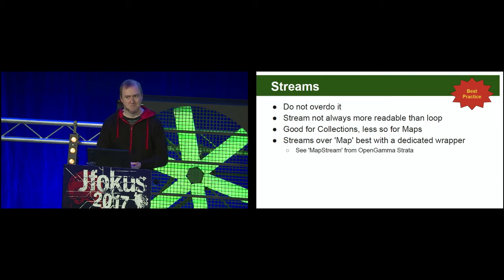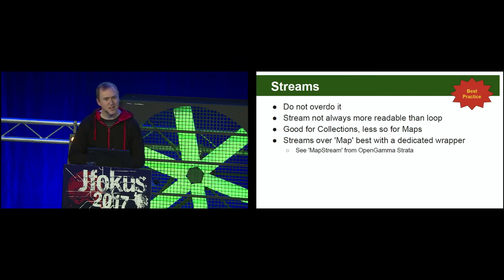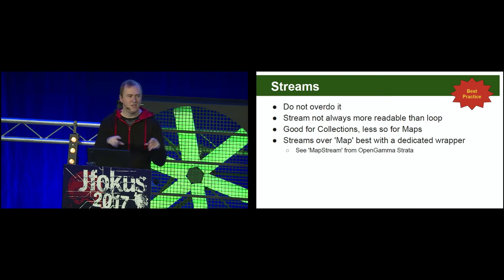particularly if you're dealing with maps. The stream API was not designed to deal with maps, only with collections. Why was it not designed to deal with maps? Java doesn't have value types. Java may have value types in Java 11, who knows? But ultimately, because you have to create this extra box to wrap the key and the value together, they didn't want to lock in a stream API for maps now that locked in the fact that that box existed.